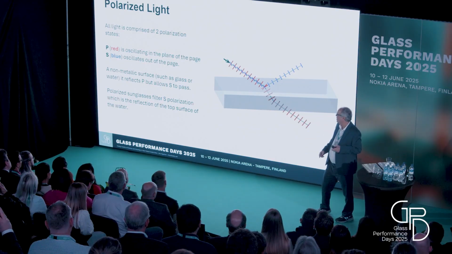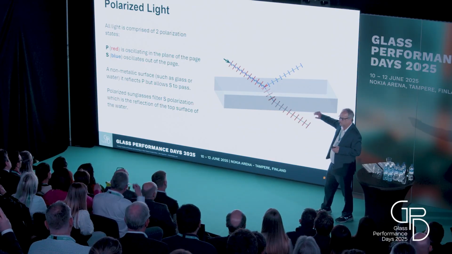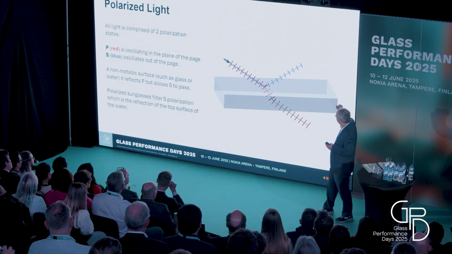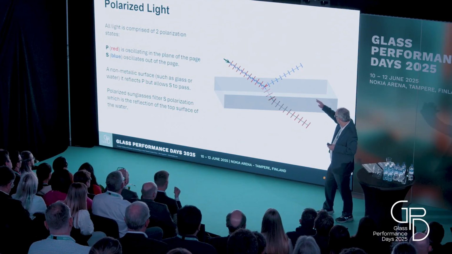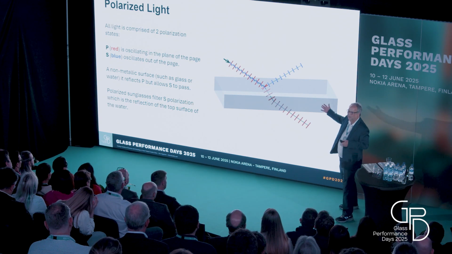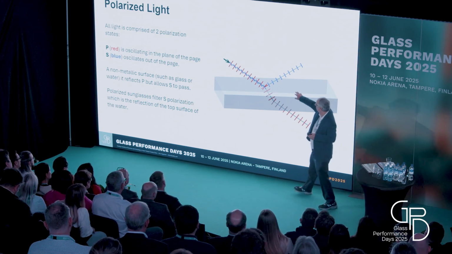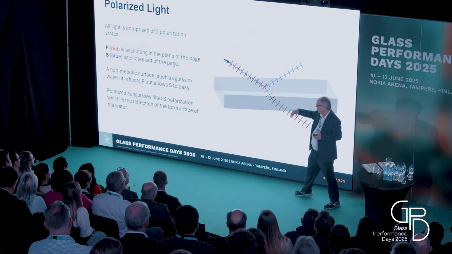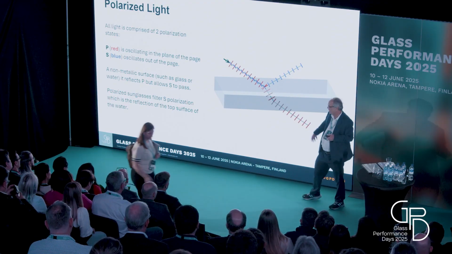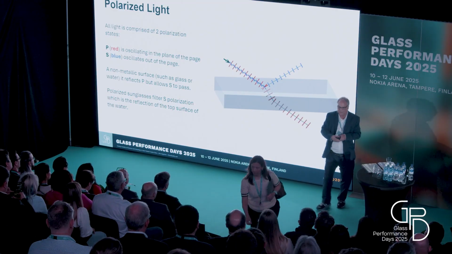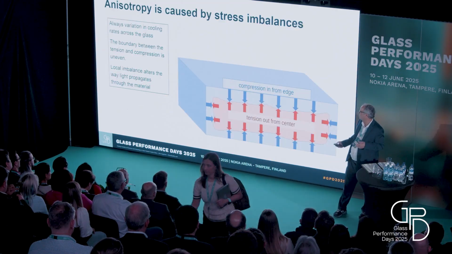The important thing to remember is that a non-metallic surface such as glass or water will reflect the P light but allow S to pass. This is exactly what you see if you go fishing and put your polarized sunglasses on. This is the glare from the top of the water that your polarized sunglasses will cut out so you can see what's going on. You can see the fish. You can see the bottom of the ocean.